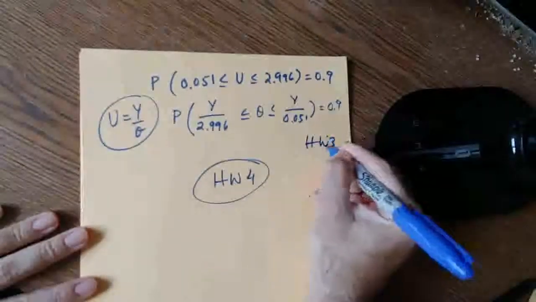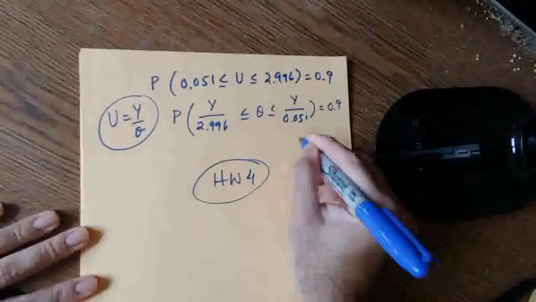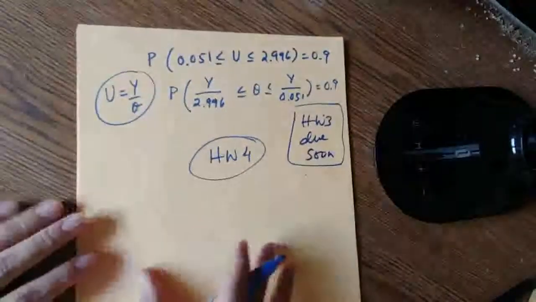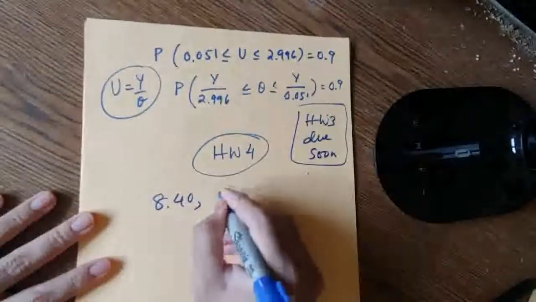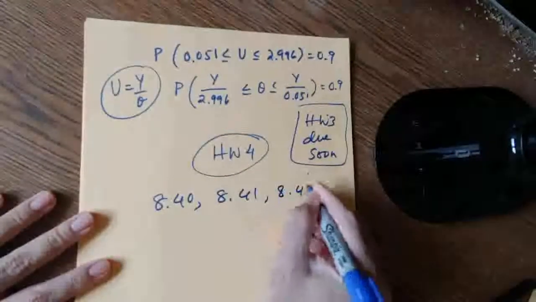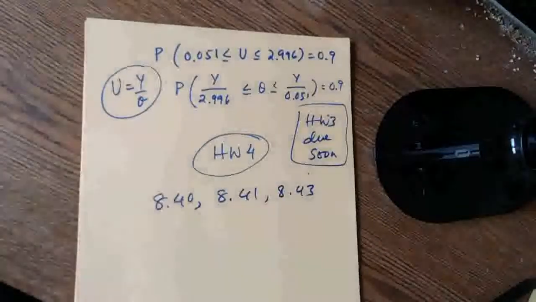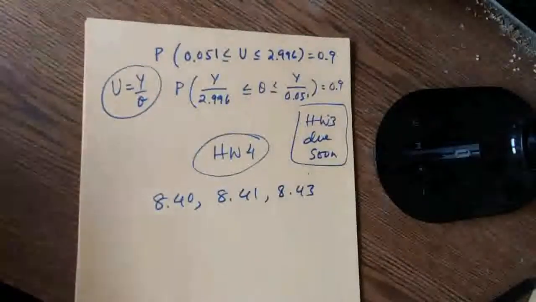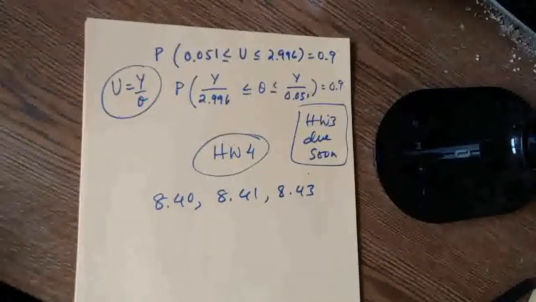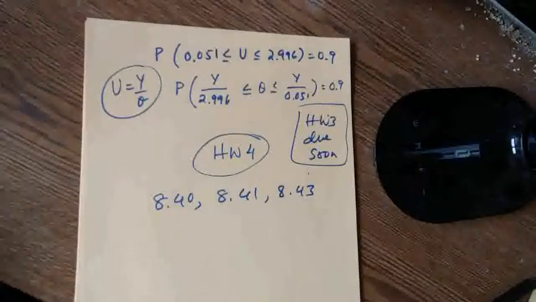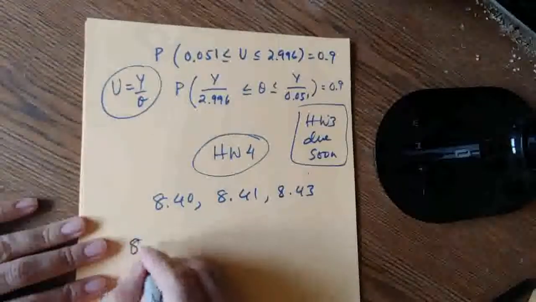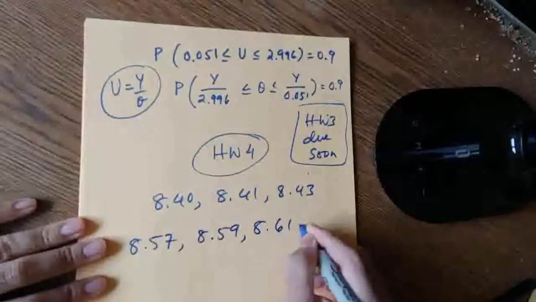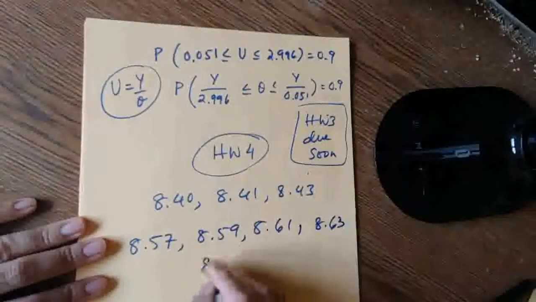So homework 3 will be due soon. We're going to decide when. Homework 4 starts from this set of problems: 8.40, 8.41, and 8.43. But I'm planning to add more problems to this. 8.57, 8.59, 8.61, 8.63, and 8.65.